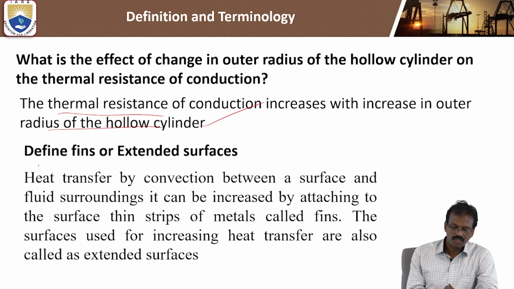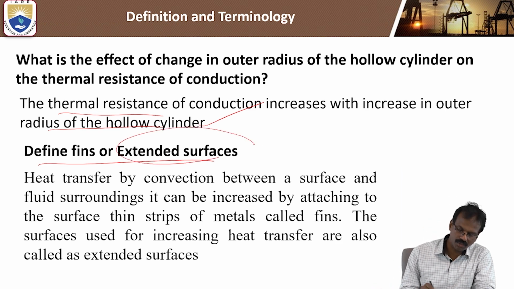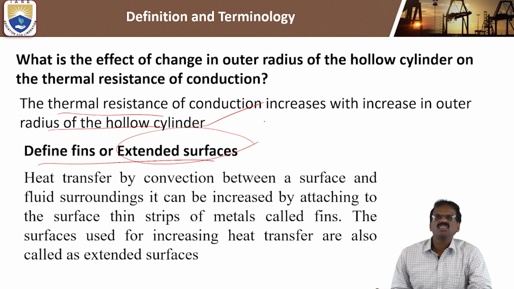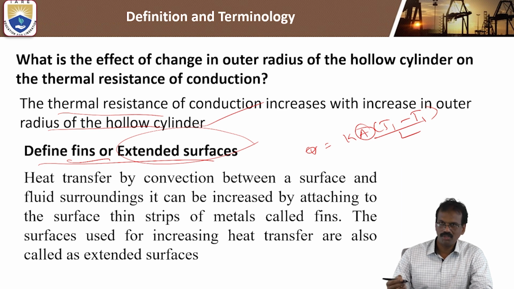Next, fins are external surfaces. The advantage of the external surfaces is to increase the rate of heat transfer, because Q is equal to K A into T1 minus T2 by L. If you add fins, the area will be increased.